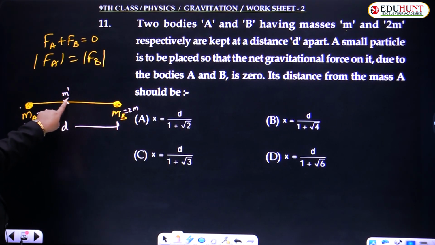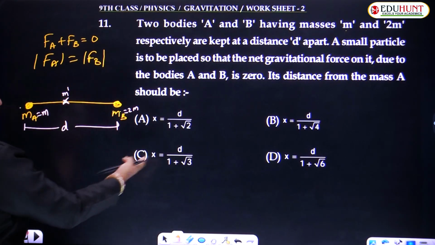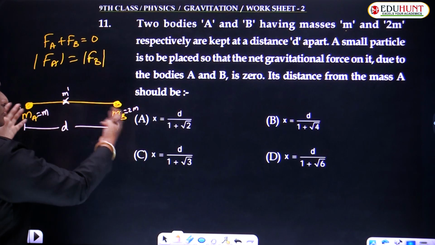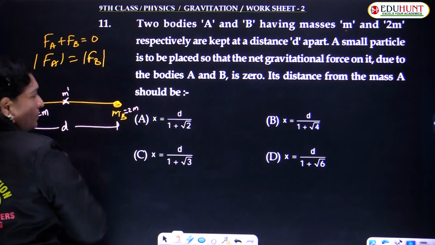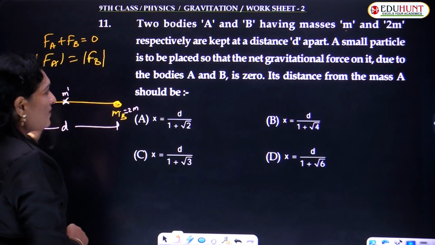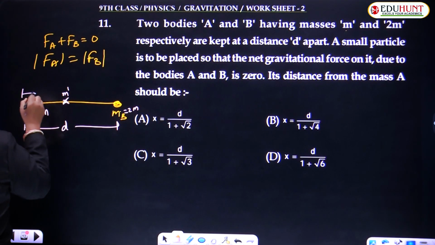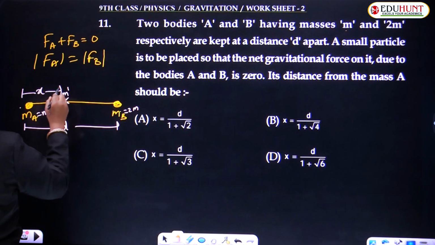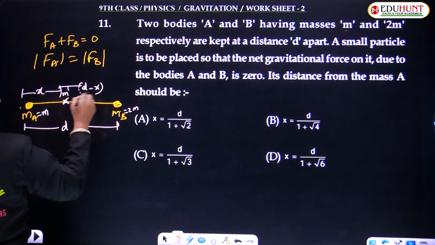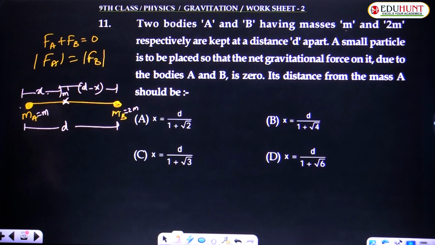A small particle is to be placed so that the net gravitational force on it due to the two bodies A and B is 0. Its distance from the mass A should be, say x. If this is x, this must be d minus x. It asks you to find out the value of x.